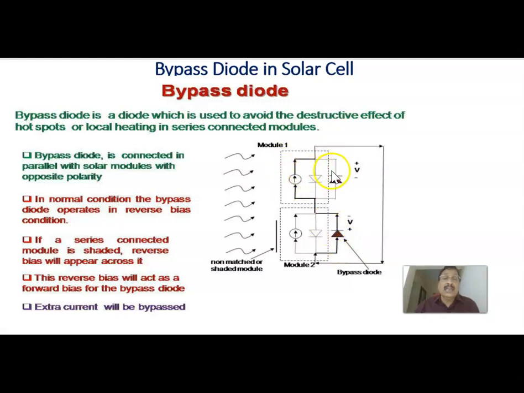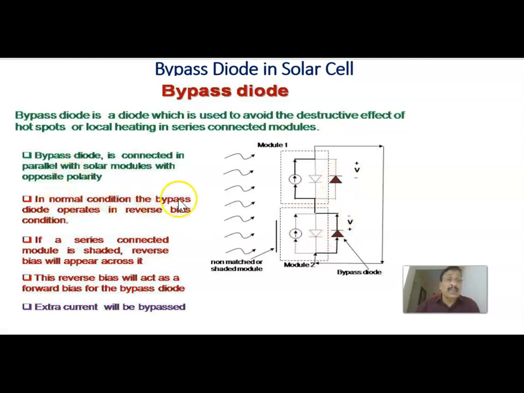This is a solar cell, and we connect a diode across it with the opposite polarity. That is called the bypass diode. The bypass diode is connected in parallel with the solar module with opposite polarity.